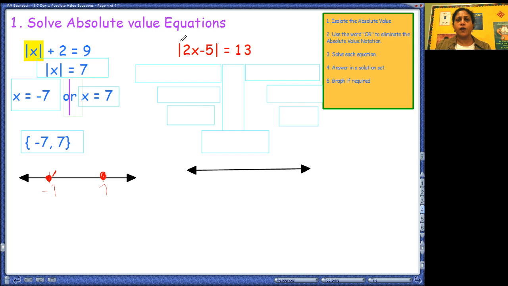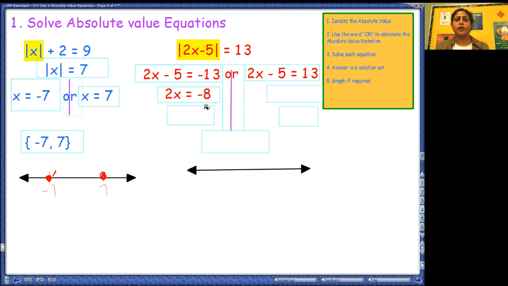In this case, when you highlight the absolute value, which includes the absolute value sign, you know that if the absolute value of something is equal to 13, you're going to put the word "or" with a line in the middle. On the right side, without the absolute value, 2x minus 5 is equal to 13. On the left, 2x minus 5 is equal to -13.